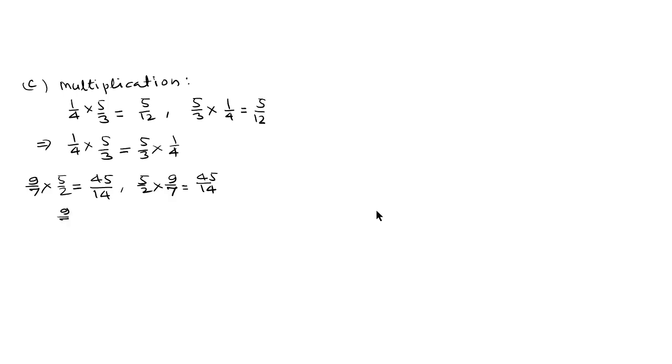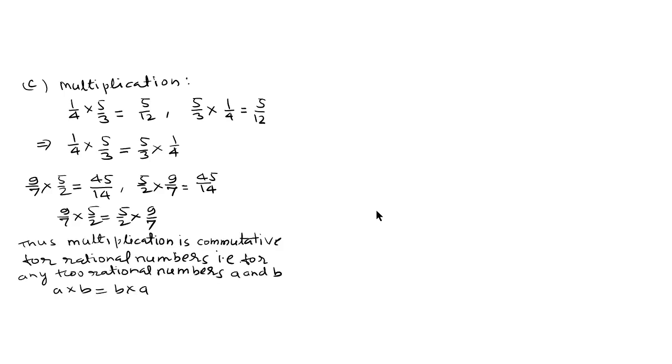Thus we can write 9 upon 7 multiplied by 5 upon 2 is equal to 5 upon 2 multiplied by 9 upon 7. Thus we find that by changing the order of rational numbers for multiplication, the result doesn't change. Thus multiplication is commutative for rational numbers. That is, for any two rational numbers a and b, a multiplied by b equal to b multiplied by a.